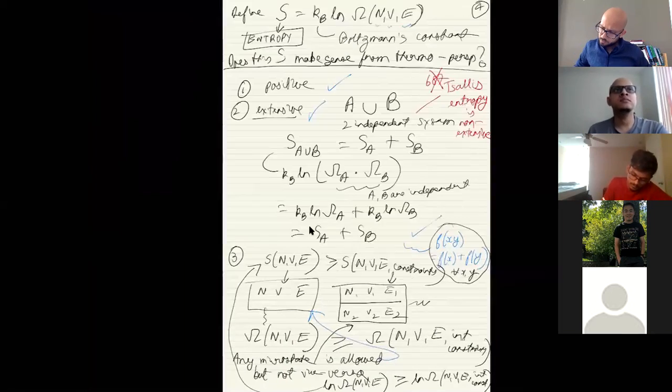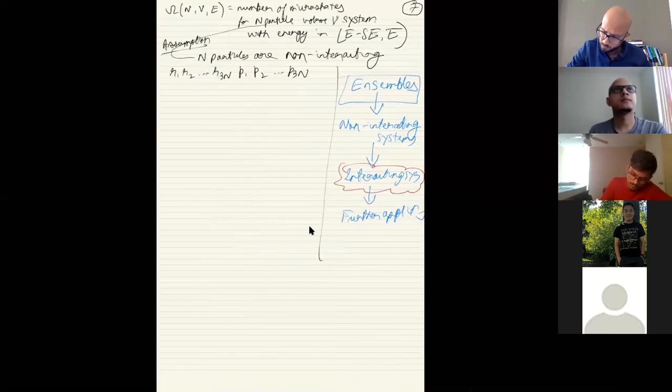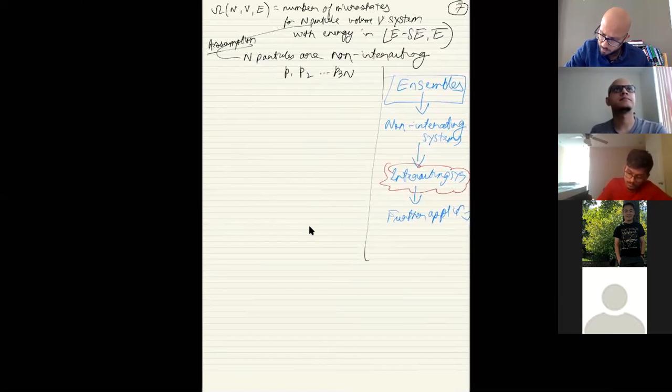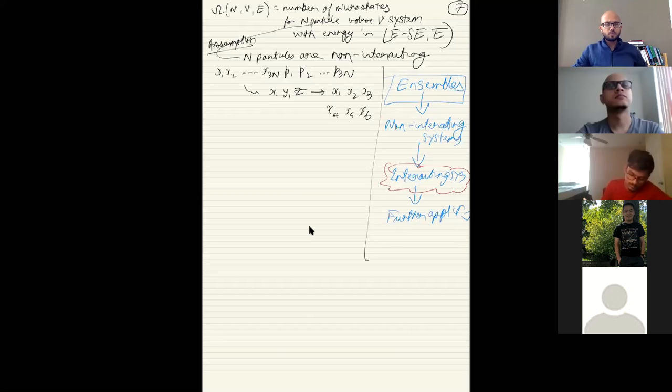Well, I was using X, so let's use X. It's the same thing: the position coordinate and the momentum coordinate. X1, X2 going to X3n. Every particle has an xyz coordinate. I call the first particle's coordinates x1, x2, x3, the second particle's coordinates x4, x5, x6, and so on. These are all numbers, all scalars. We have 6n scalars.